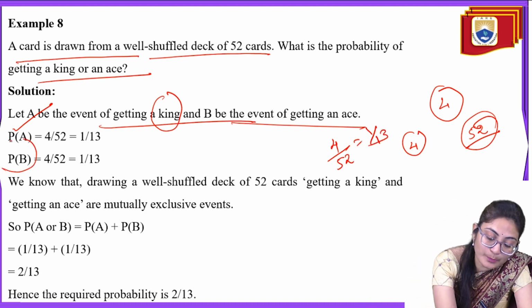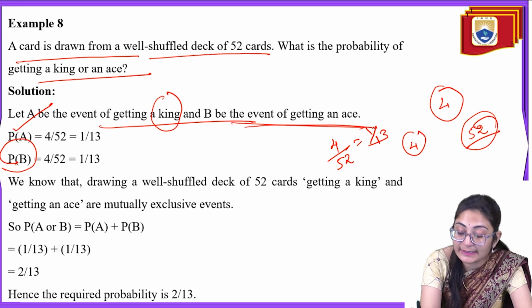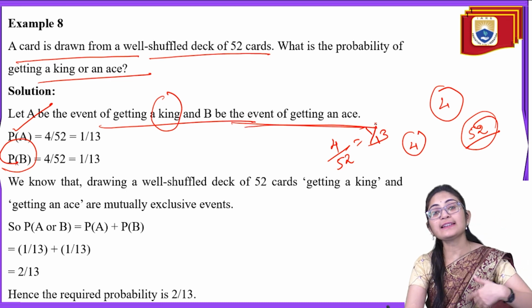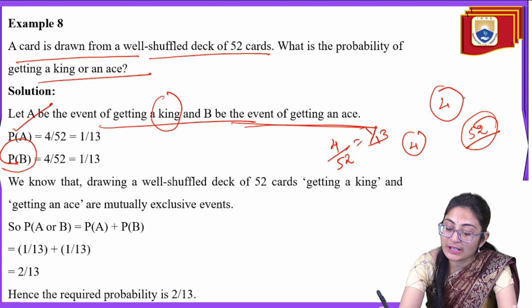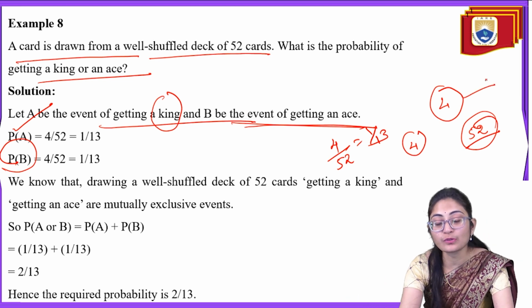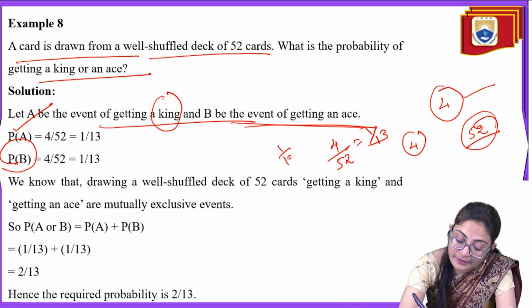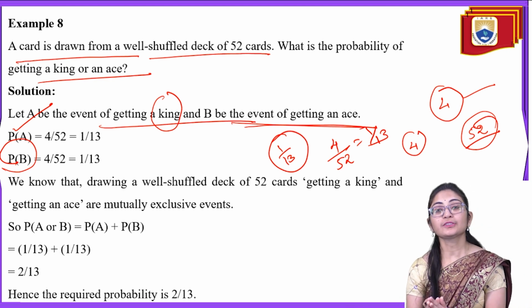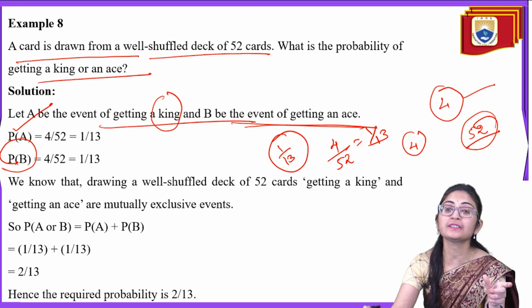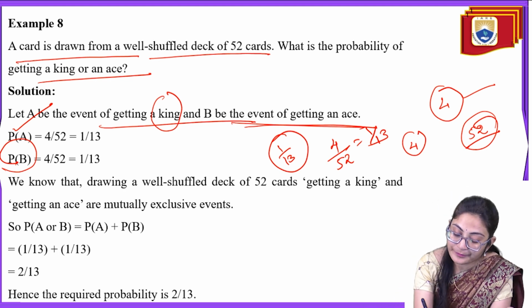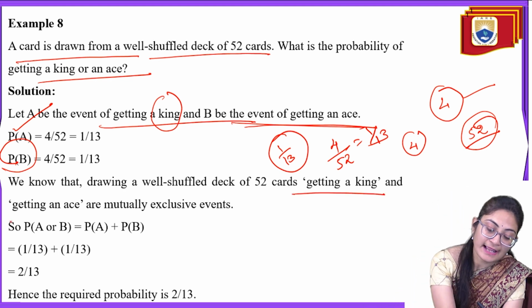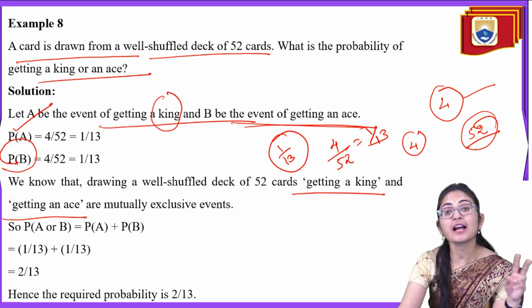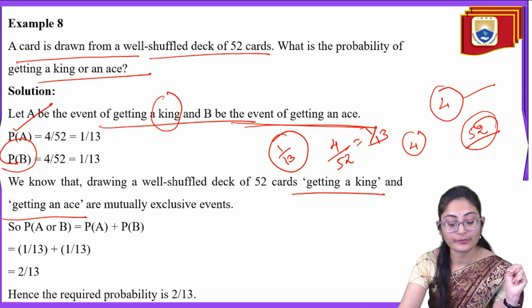Then the second one is the probability of B, that is getting an ace. Again, aces are also 4 available out of the 52 cards, so again the probability will be the same. Now we know that in drawing from a well shuffled deck of 52 cards, getting a king and getting an ace are mutually exclusive.